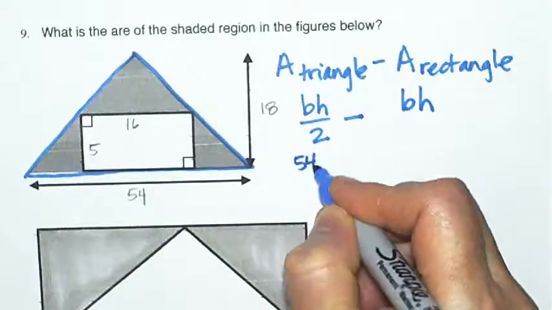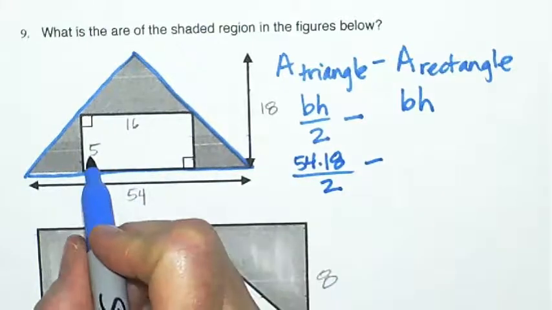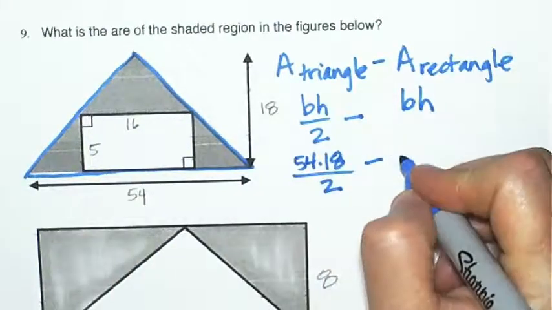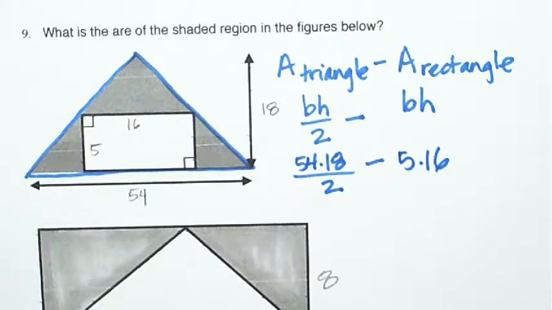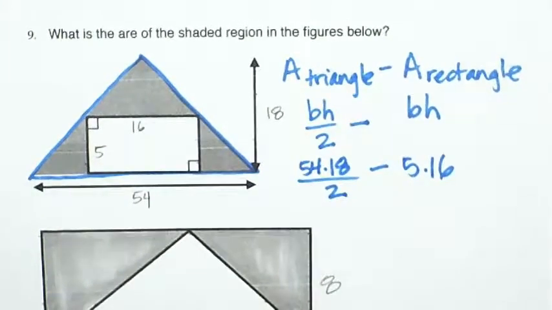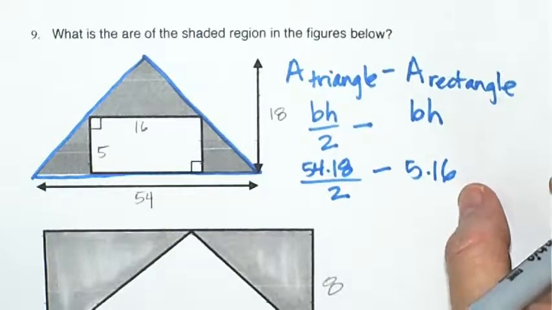So 54 times 18 divided by 2 minus my base and height of my rectangle would be 5 times 16. And I'm just going to leave it like that because I want to see that you did the work. I'm not necessarily super interested in seeing if you can type all of this in your calculator. I would like to see this. And then if you want to go ahead and write the final answer, that's fine.